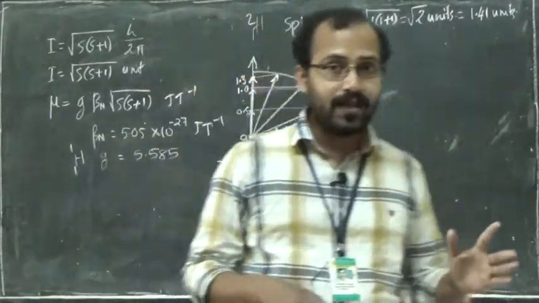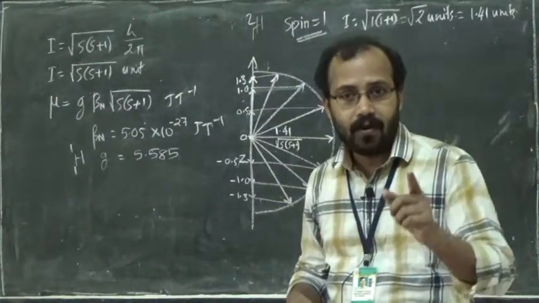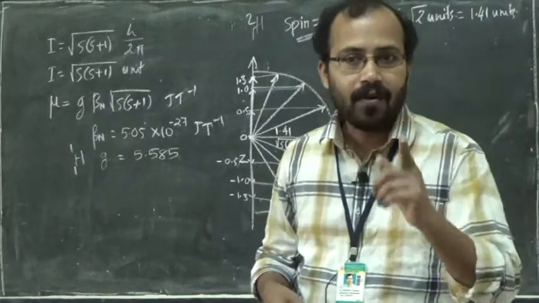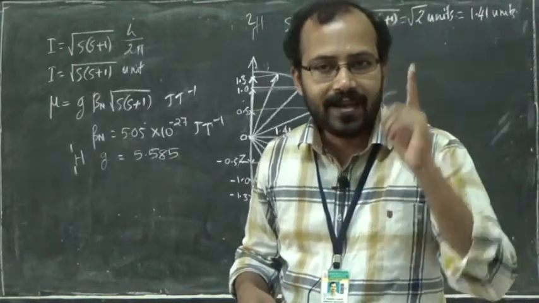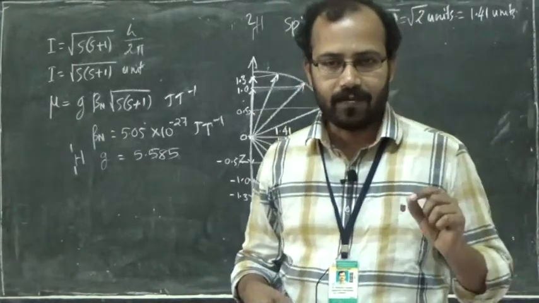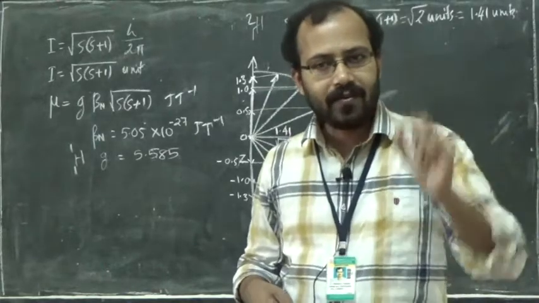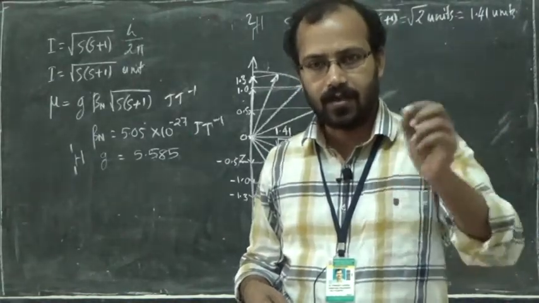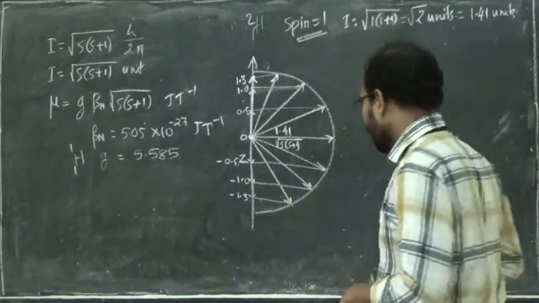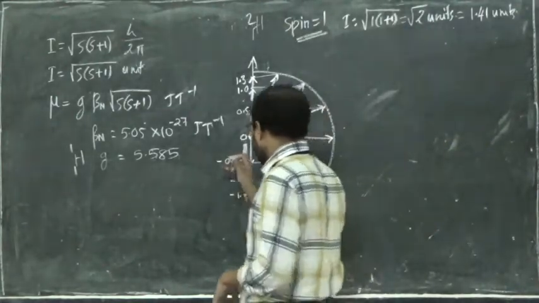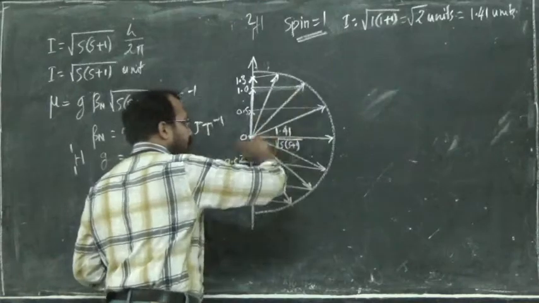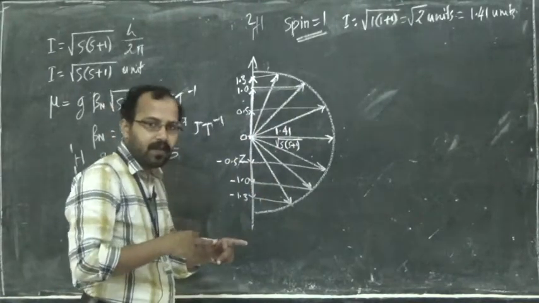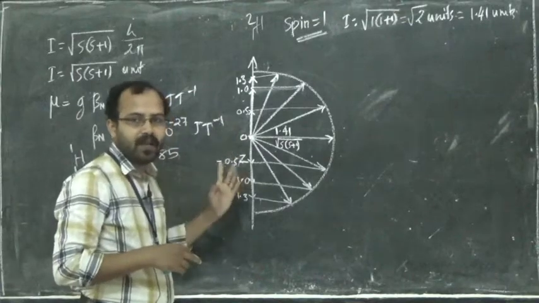Now quantum mechanics says that you pick only those directions for which the component in the reference direction is an integral value, including 0. Okay. So we have to pick only those angular momentum directions for which the component is an integral unit.